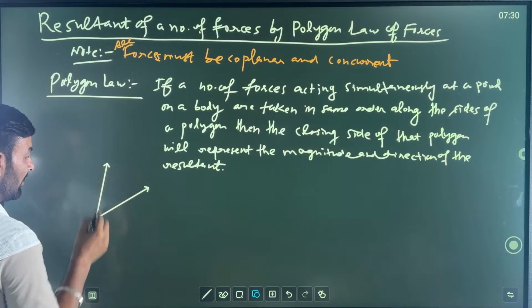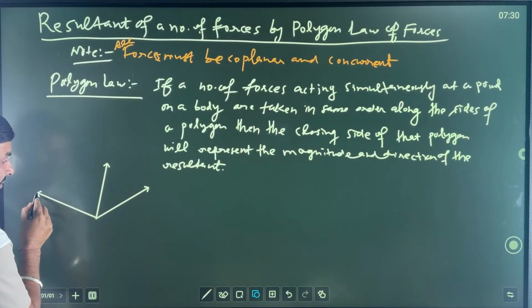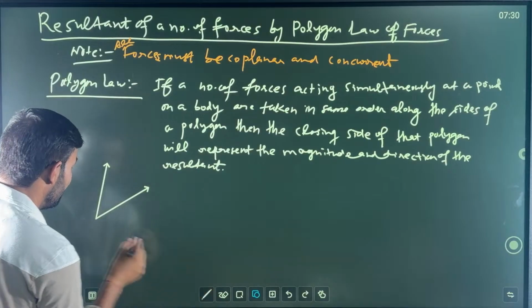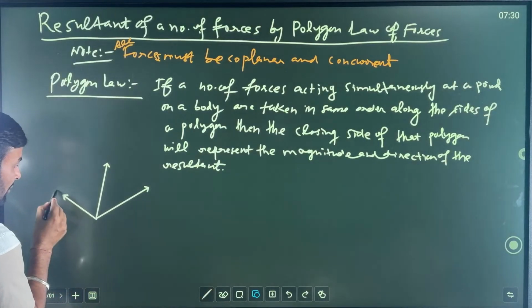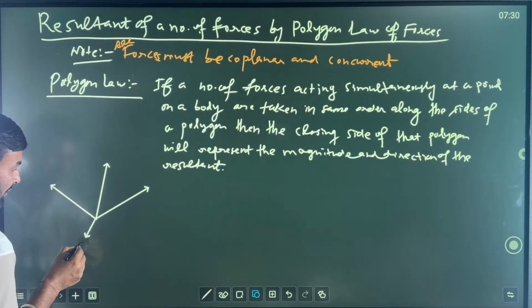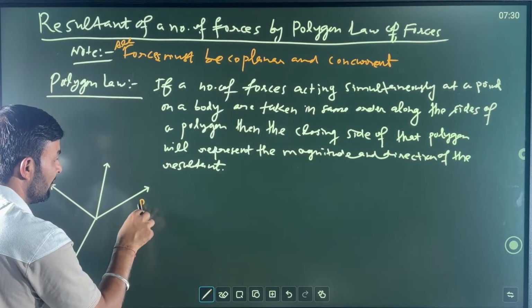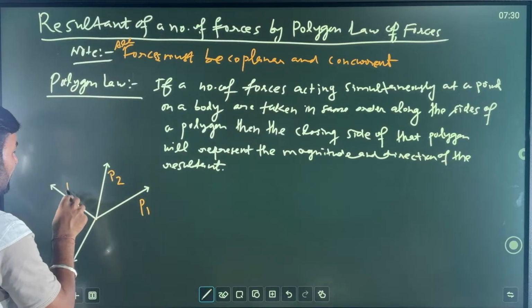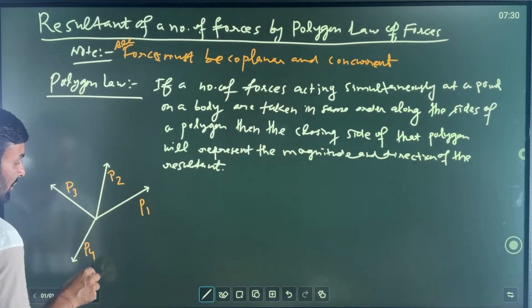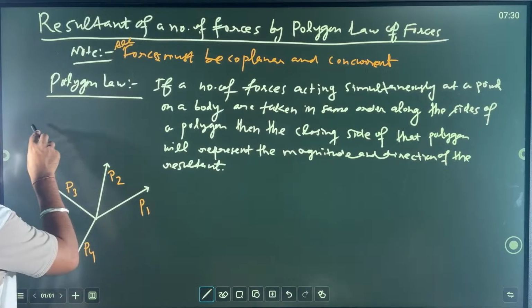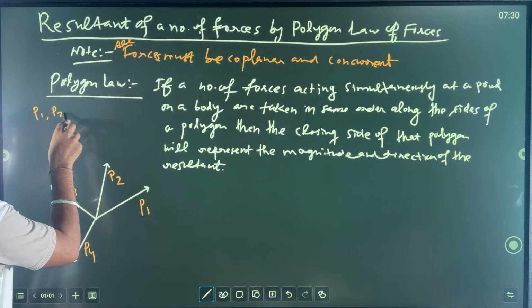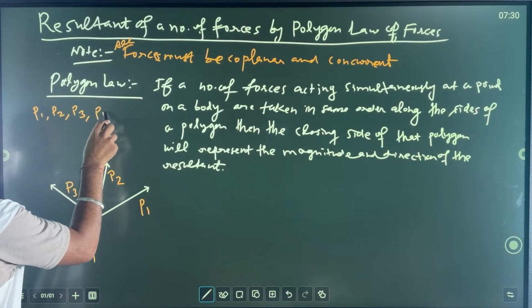Now I am going to take three forces, my dear friends, over there on this point, something like that. Let us suppose this is P1, this is P2, this is P3, and this is P4. So we are given with these four forces, my dear friends. Be careful.